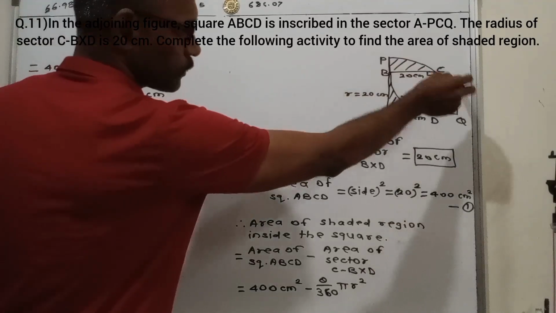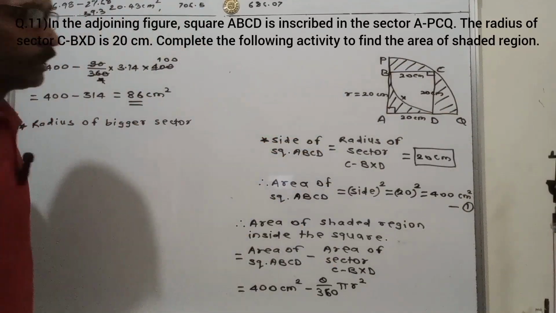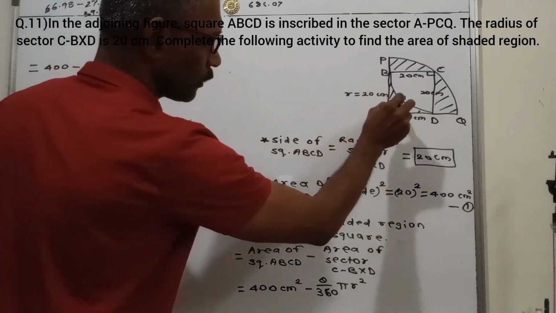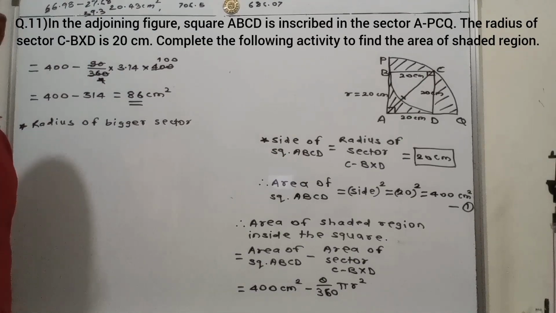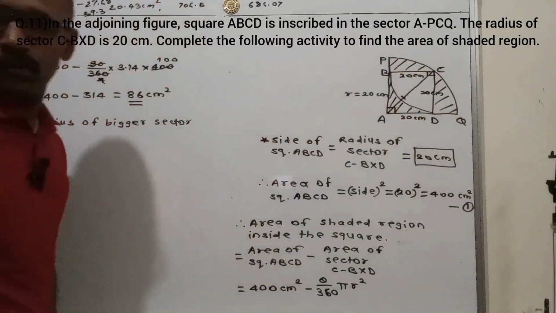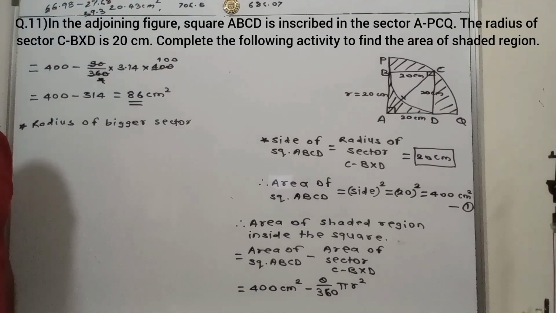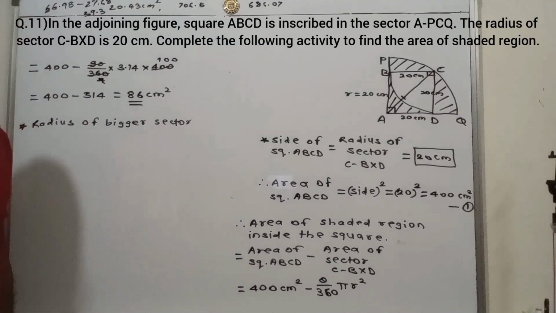The radius of this bigger sector A dash PCQ is the diagonal of this square ABCD. Did you get it?